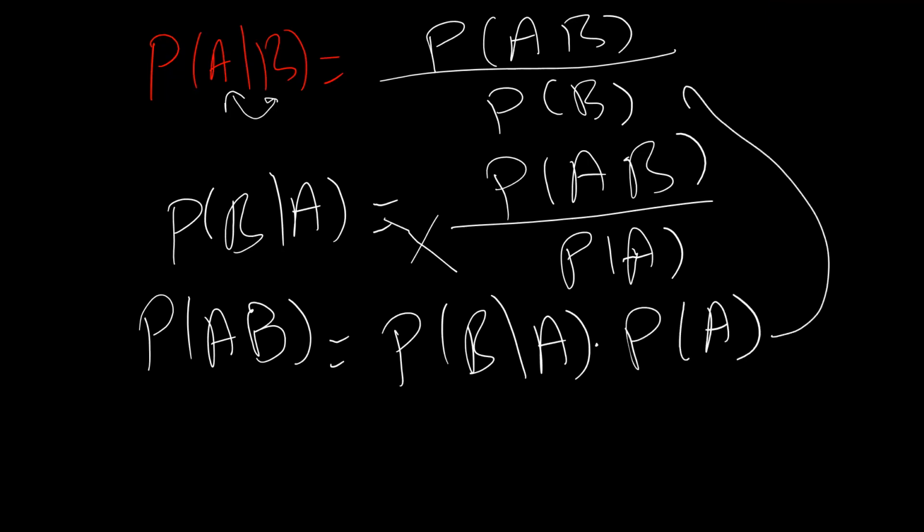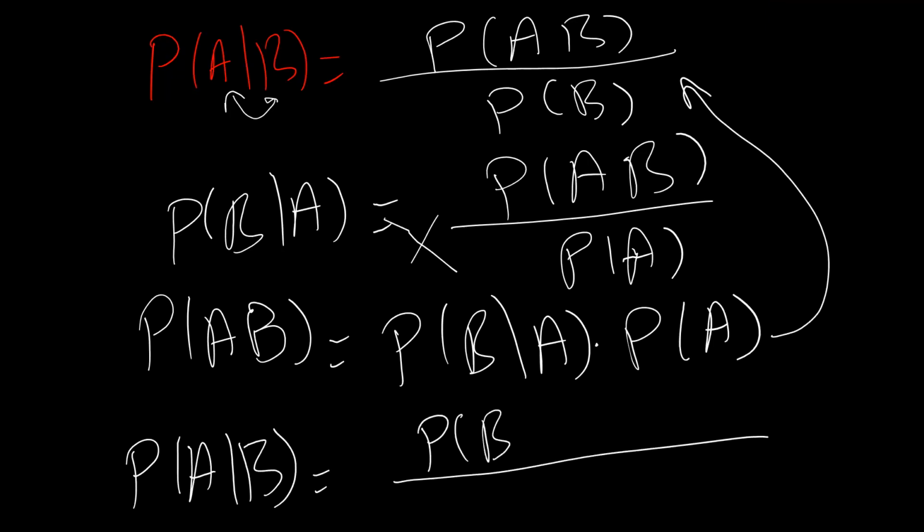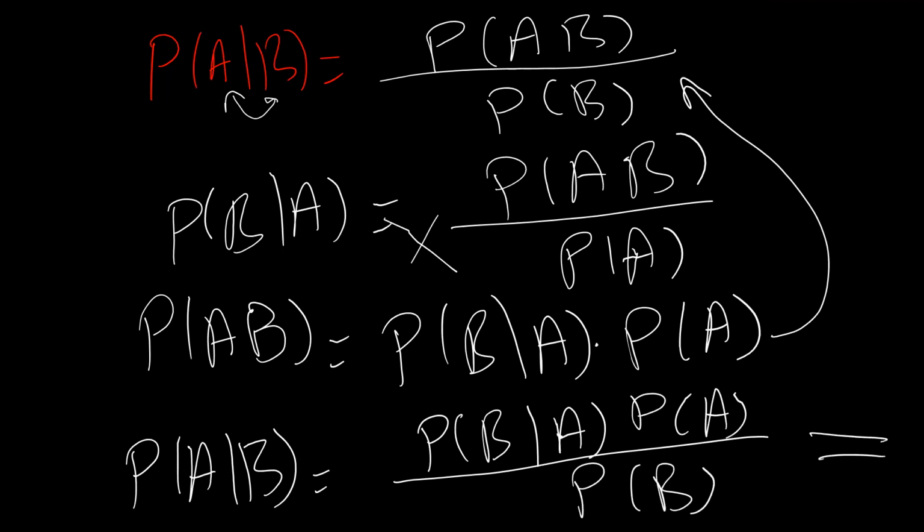And if we substitute this in the first equation, then we get probability of A given B equals probability of B given A times probability of A divided by probability of B. Actually this equation is very well known; it is called the Bayesian equation. It is a very important equation in estimation theory, in probability analysis, also in machine learning, called also Bayesian inference, Bayesian reasoning, with a lot of applications in machine learning and artificial intelligence.